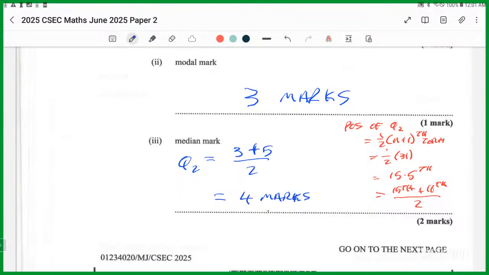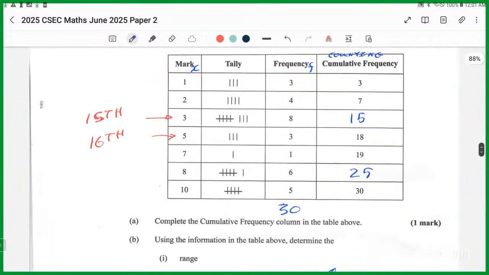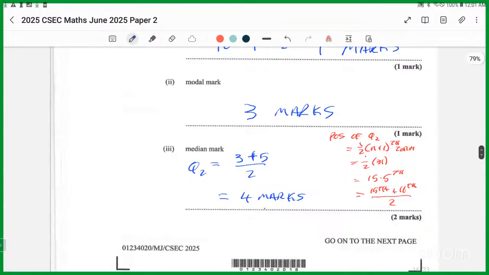It's interesting that I don't see a 4 in the data. As you can notice, it's 1, 2, 3, then jumps to 5. There's also no 6. So nobody got 6, nobody got 4. But the median mark is 4 marks, guys, based on the calculation.